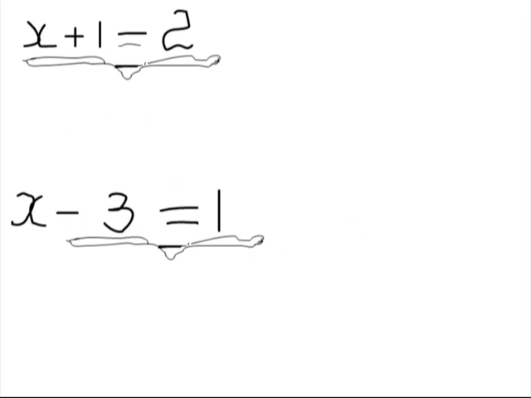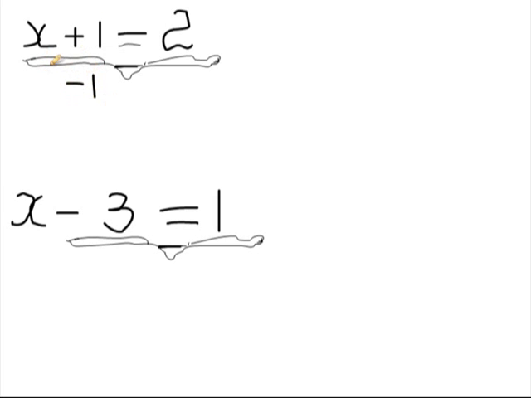Let's see this example. We have x plus 1 equals 2. So we know it's 1, since 1 plus 1 equals 2. But we need to use a method. Since I need the value of x, I'm going to try to cancel the 1 so that I can have only x. To cancel the 1 here, I put minus 1 here.